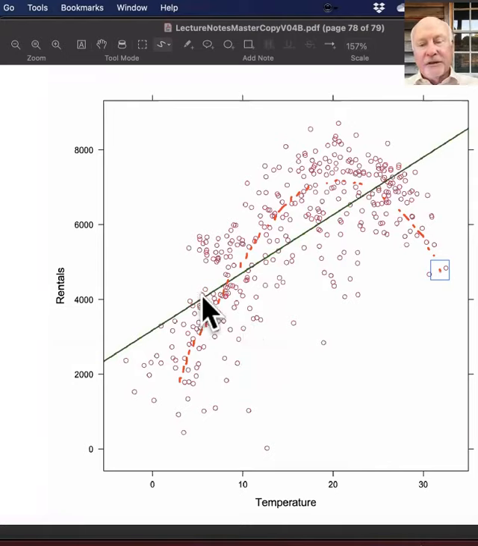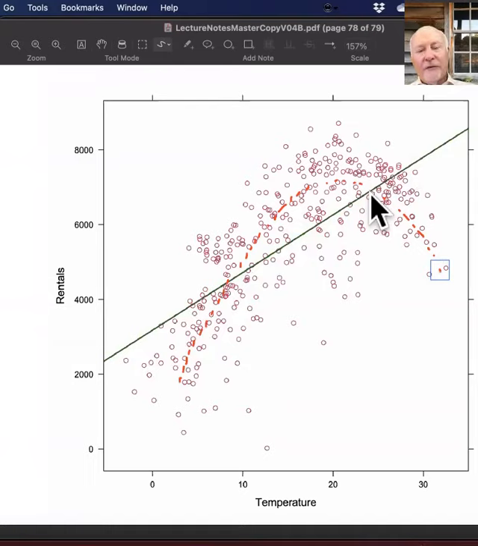Another approach is you take your temperature data and you do the opposite of what I showed you Excel doing with that polynomial fit. So you use a polynomial fit to straighten the data. You straighten the temperature data and you fit a line.